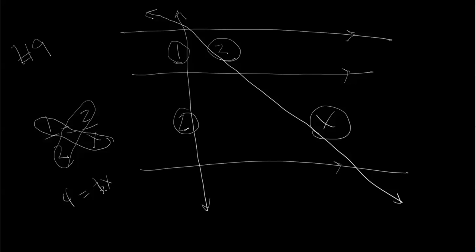X is equal to 4. And if you look at this problem, that should make sense to you also. If this distance is 1, and this distance is 2, that means this bottom distance is twice as long. So it makes sense that this distance over here would also be twice as long.